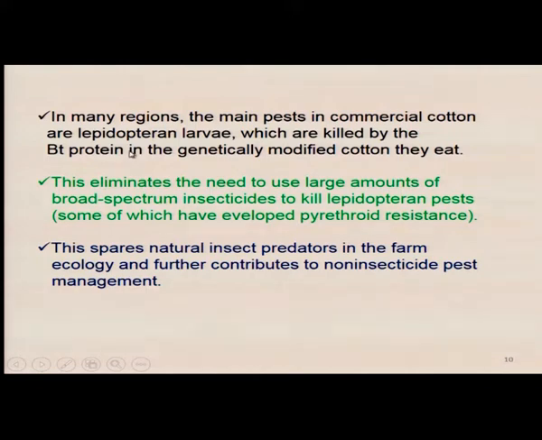In many regions of the world, the main pests in commercial cotton are the lepidopteran larvae, which are killed by the Bt protein in the genetically modified cotton they eat. This eliminates the need to use large amounts of broad spectrum insecticides to kill the lepidopteran pests, some of which have actually evolved pyrethroid resistance.